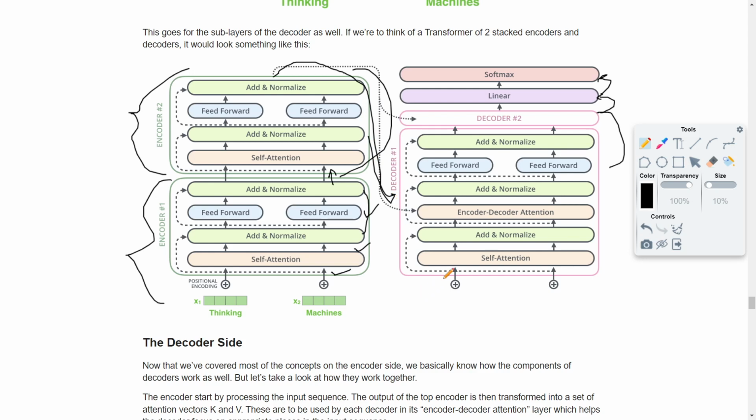In the decoder, generally what we are doing is first passing the outputs that we had to the attention layer, and then adding and normalizing those values. Then this is the place where we differ.